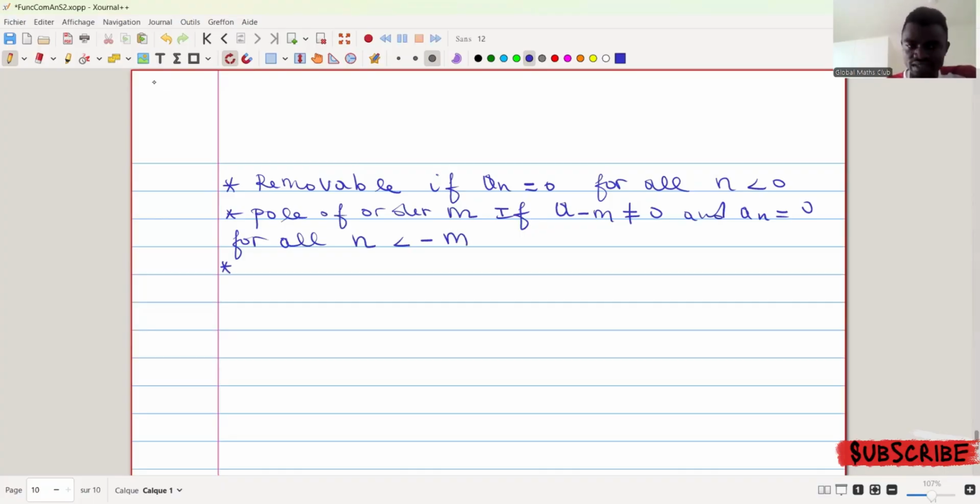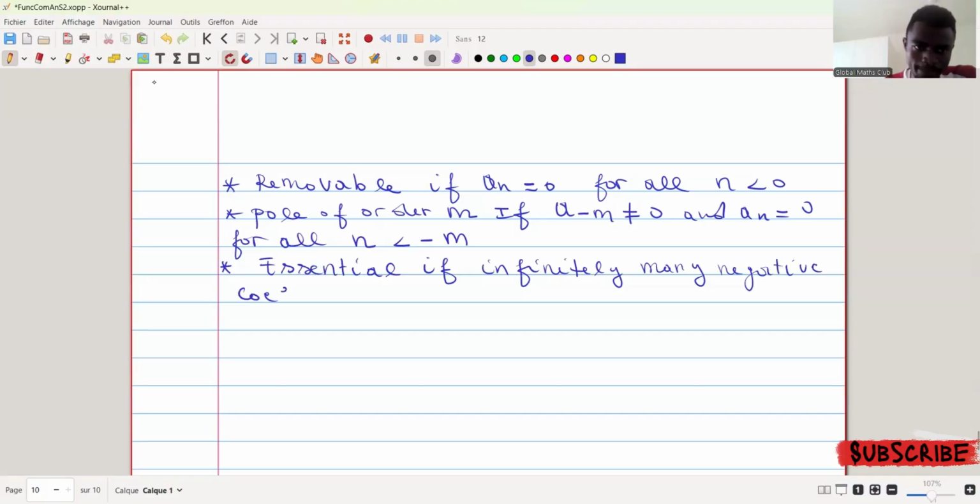The singularity is essential if infinitely many negative coefficients are non-zero.